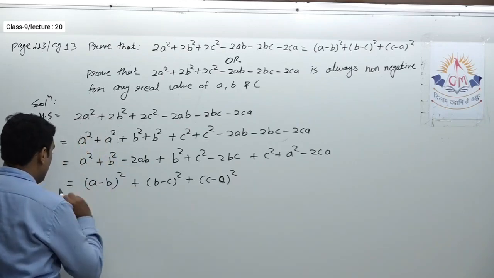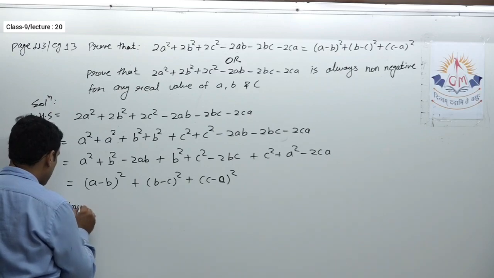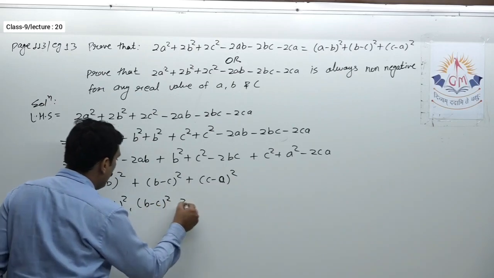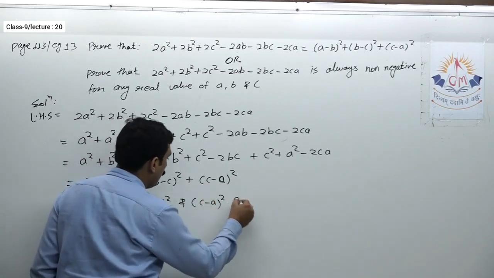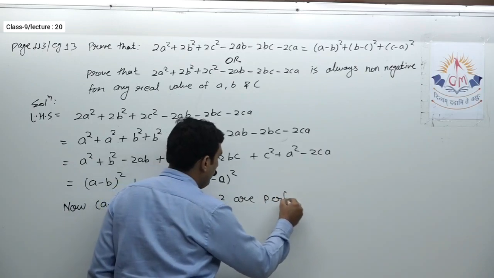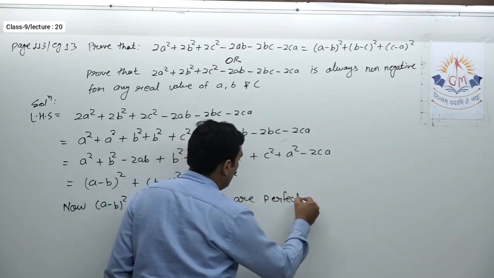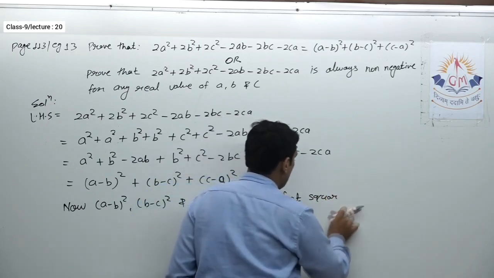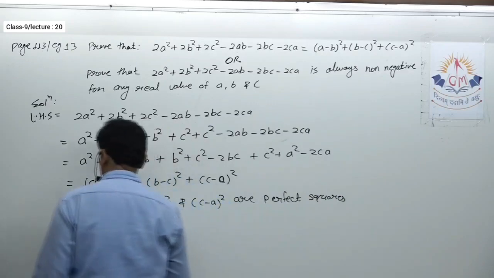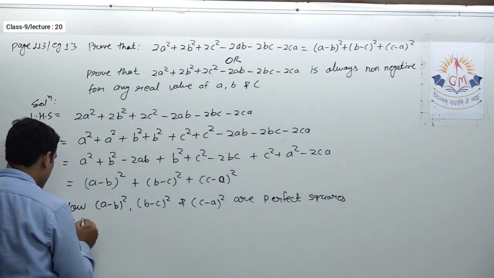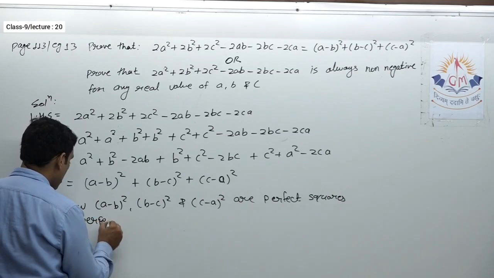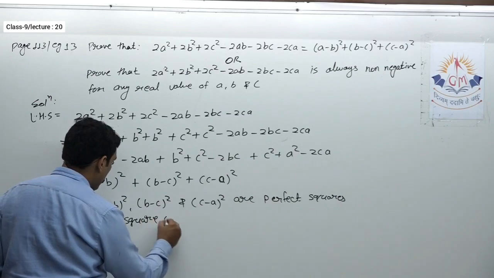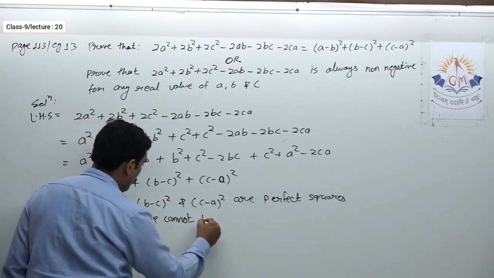After this we write: (a − b)², (b − c)², and (c − a)² are perfect squares, and a perfect square cannot be negative.